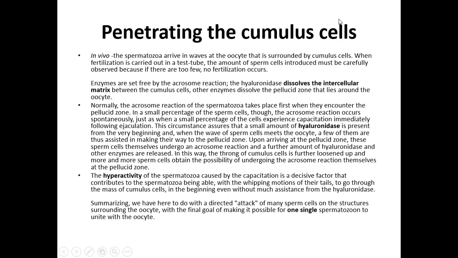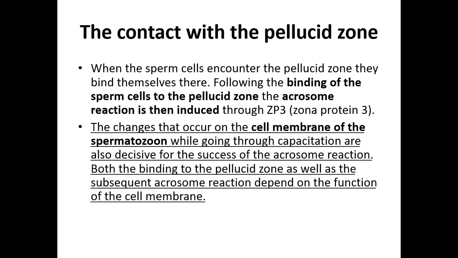Penetration of the cumulus cells is one of the challenges of the sperm when it has finally entered the womb and been distributed to the right or left fallopian tube. We have a challenge to penetrate the cumulus cells, but actually, as I said, cumulus cells are easily shed. They are not very tightly connected to each other, and that's why sperm cells can easily penetrate through them and reach the zona pellucida.